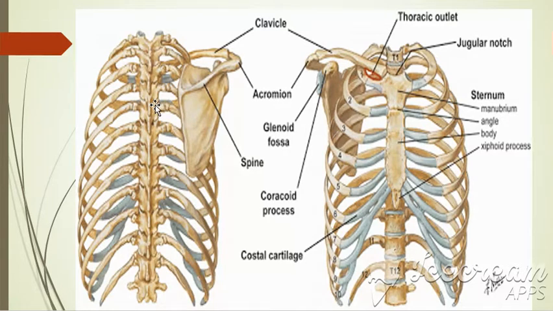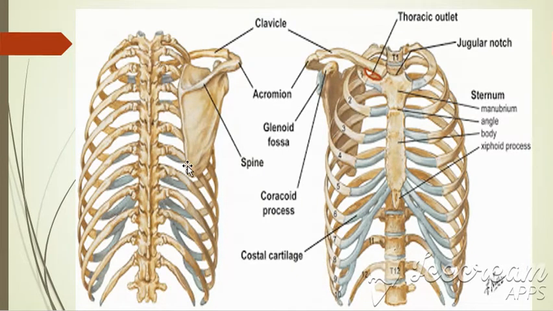The second costal cartilage and rib lie at the level of the sternal angle. Here the second rib and second costal cartilage are present. So from here we can count the ribs with the fingertips by tracking the finger downward and laterally like this.